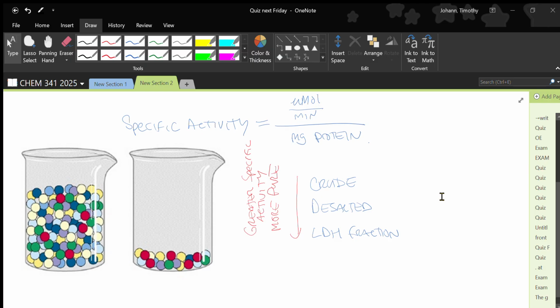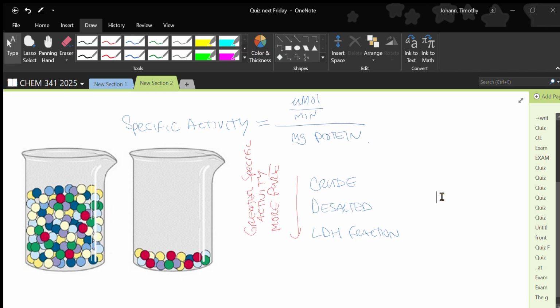It has some lactate dehydrogenase in it, and a whole bunch of other proteins as well. You go through your purification and you get your lactate dehydrogenase fraction. You've got less protein overall, and your lactate dehydrogenase is a much greater fraction of the total protein there.